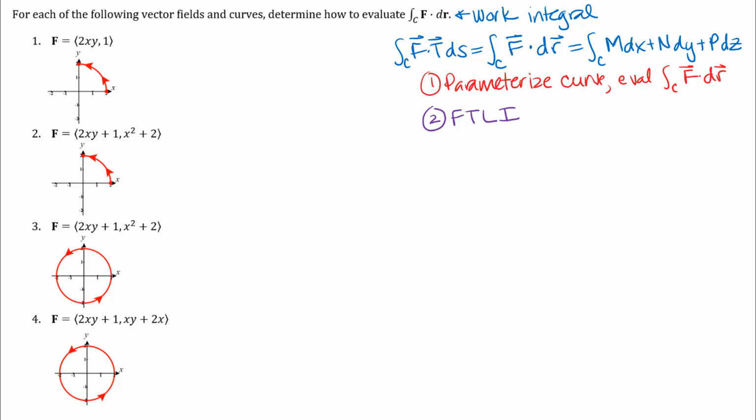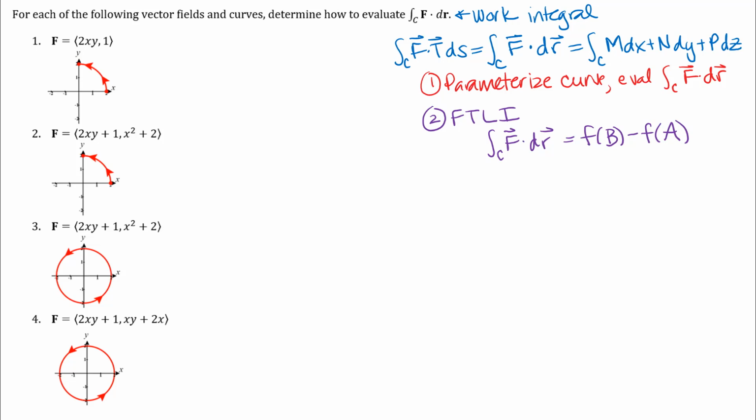So you could evaluate the work integral over an easier path, or even better, find that potential function and just subtract the value of that potential function between the two endpoints. If the fundamental theorem of line integrals applies and you have a closed curve, then that's even better, because your answer is just going to be 0 without having to write down hardly anything.